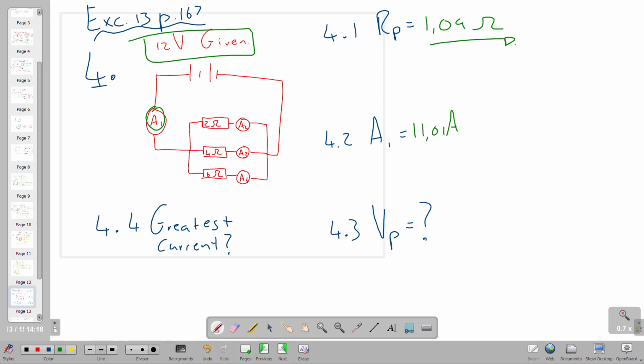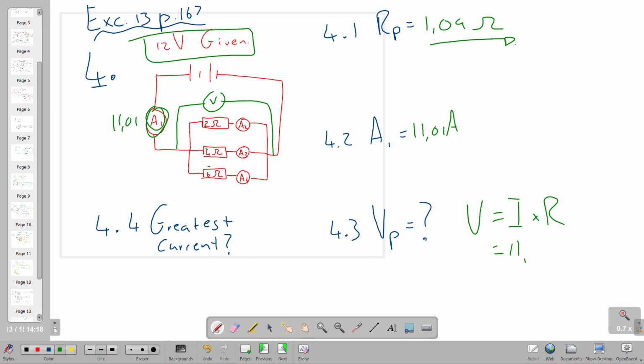Alright, next one, 4.3. What is the potential difference of the parallel? What do they mean by that? The potential difference of the parallel branch is, if I had a voltmeter across the whole thing, what would that voltmeter read? Okay, well, simple enough. V is equal to I times R. What's the current that will flow through all of it? If I add all the currents together, well, we just calculated the main current here as 11.01.